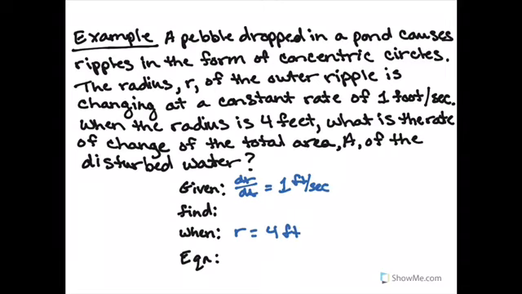So I'm looking for the rate of change of area. That's a derivative, so we're trying to find dA/dt. So what's left is the equation. So we're dealing with a circle. What's the equation for the area of a circle? Pi r squared. Yes, area equals pi r squared.